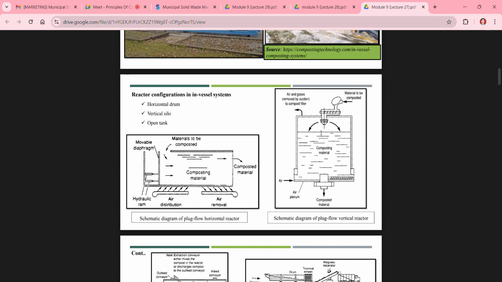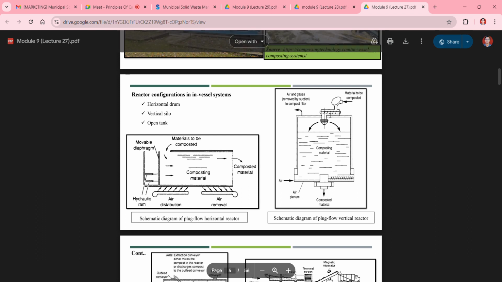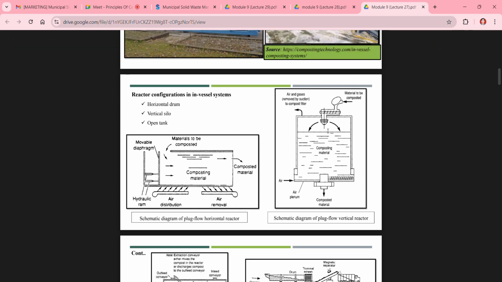The major advantage of these vertical silos is that we can go for a continuous composting process. We provide the material from here, and from here we provide the air. This is a mechanism for removing the compost material from the silo, so we can take out compost material every day, and we provide the same amount of waste material from the upper side every day.